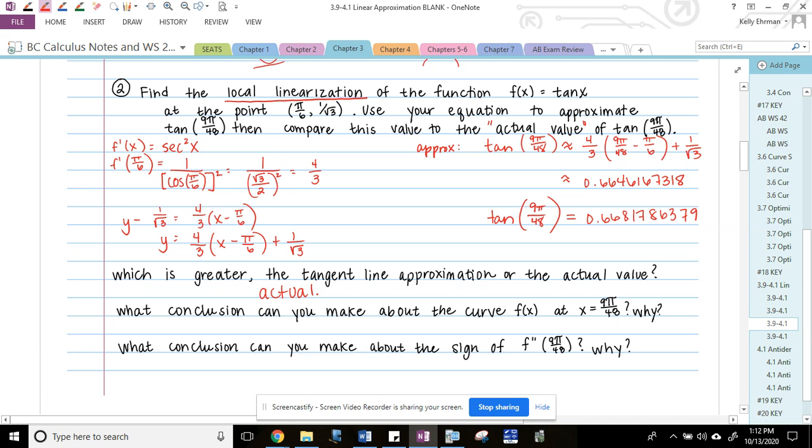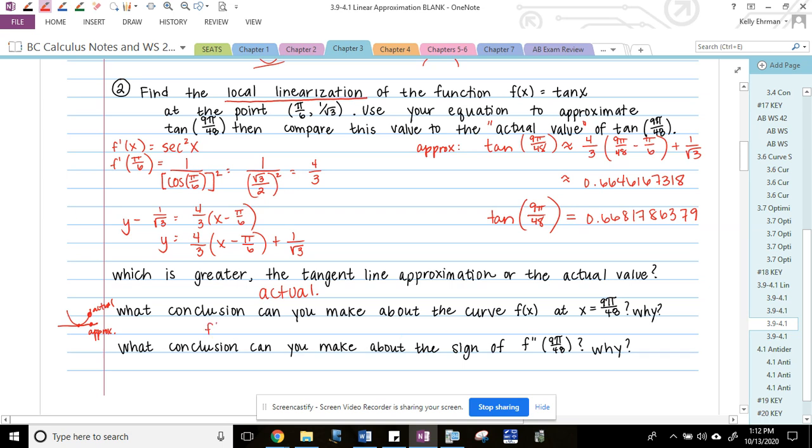So since the actual value is larger, I always think in terms of the approximate. If the approximate is lower than the actual, it means that you must be concave up because the approximate is sitting here on the line, which is below the actual. Okay, so what can we say about the curve f of x?